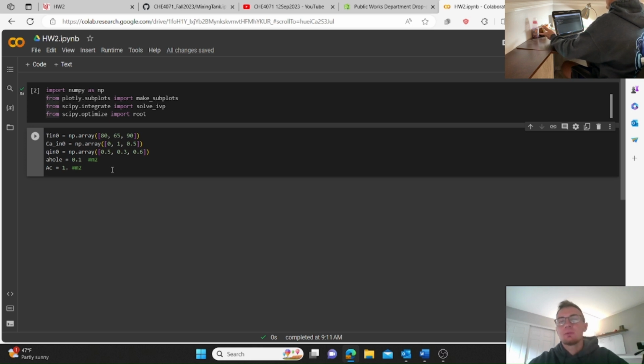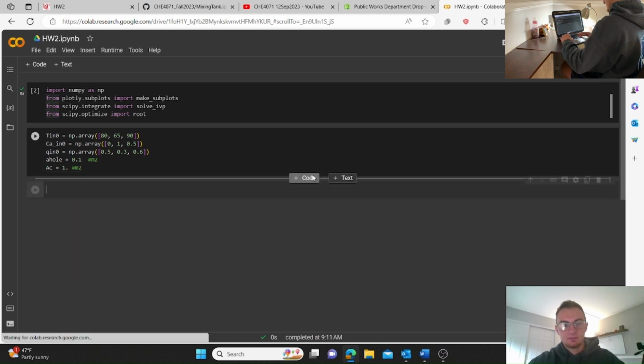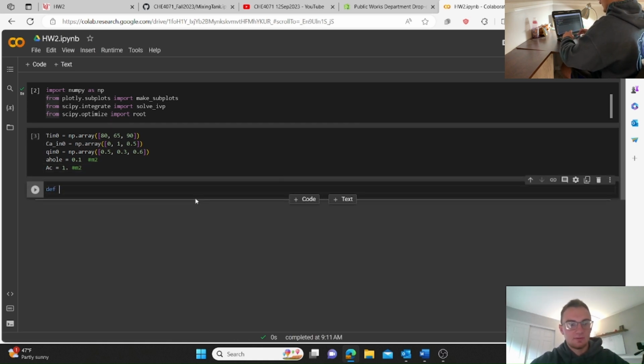So what we need to do from here first is define our right-hand side and solve our differential equations. So I'm going to add a new block of text here and define the right-hand side. We need to supply our independent variable, time, followed by a vector of the dependent variables, and then our conditions.